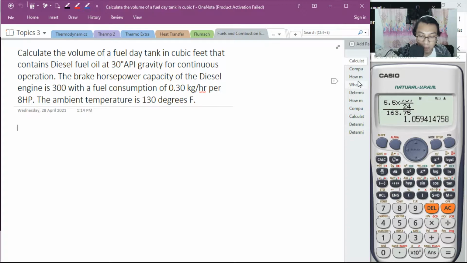The brake horsepower capacity of diesel engine is 300 with a fuel consumption of 0.3 kilogram per hour bhp. So meron ka na namang fuel consumption dyan. Tapos meron kang given na brake horse capacity. And the ambient temperature is 130 degrees Fahrenheit. So let us solve that.